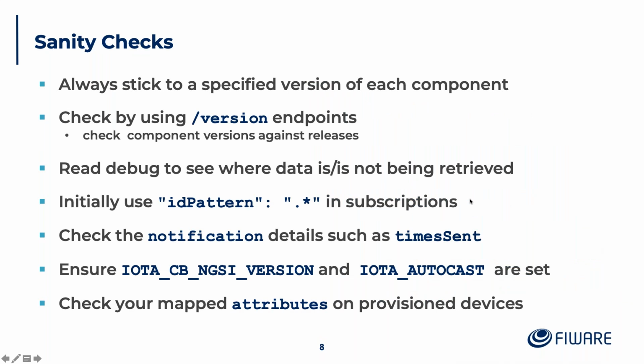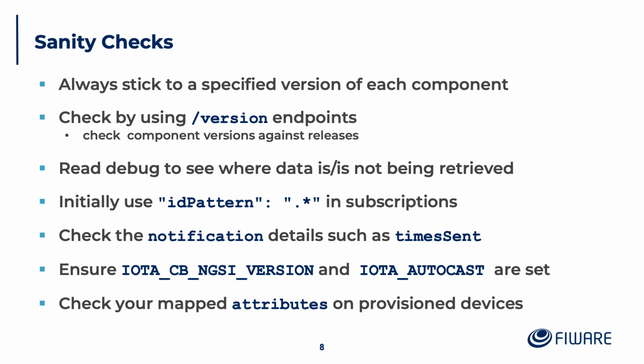Sanity checks. As I have said beforehand, this is my checklist when I'm starting up a system to see, is it likely to work? If it's not one of these, it's going to be something a little bit more difficult. Always specify a version of the product and check the versioning, and use things like the curl to come through, and wide patterns on the subscriptions.